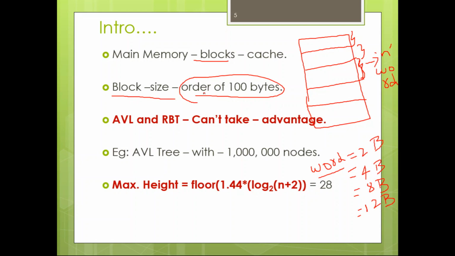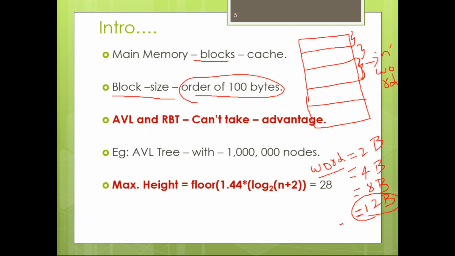Now AVL trees and red black trees cannot take advantage of this. If a word is 12 bytes, then it is totally 96 bytes. I said 256, no, it is 96. You can just multiply by 8, whatever it may be.